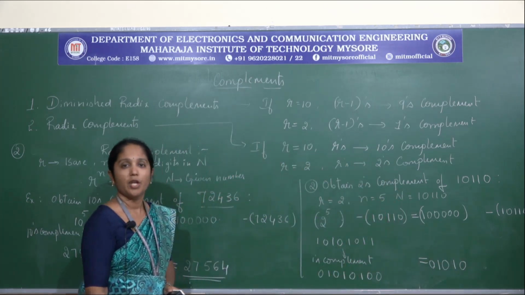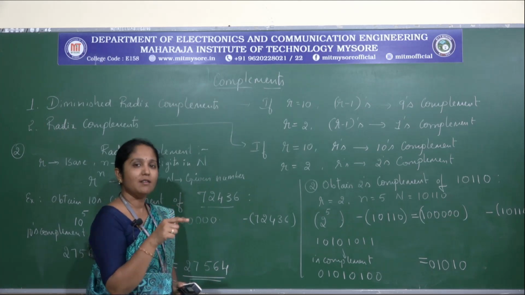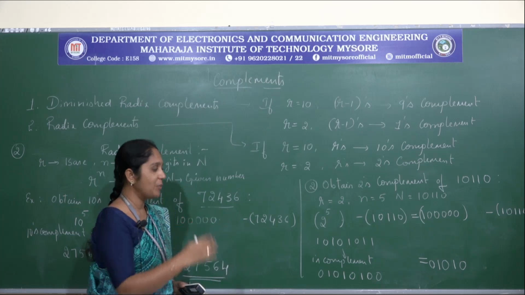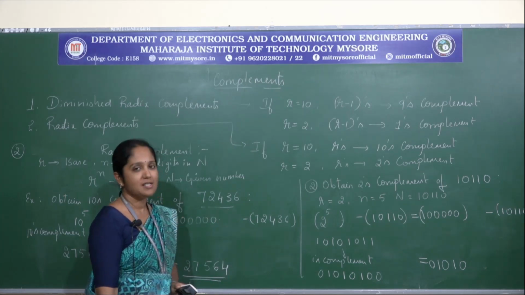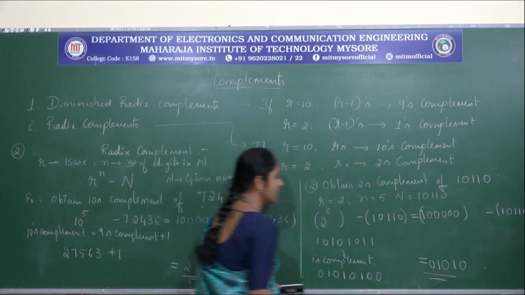This is the answer. Earlier we had 0 1 0 1 0, and plus 1 will make the last bit 2, so I have represented the result as 0 1 0 1 0. This is the 2's complement of the given sequence.